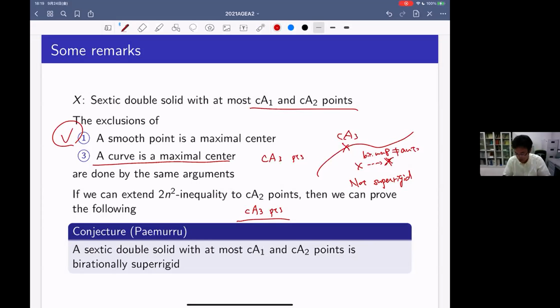So we know that it is not superrigid, but we do not know about birational rigidity. Rigid, I see. This is a conjecture. I see.